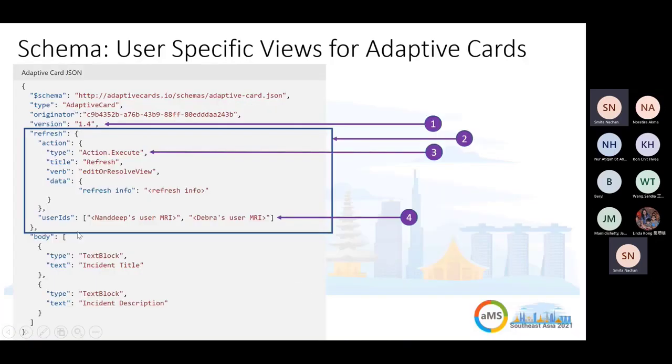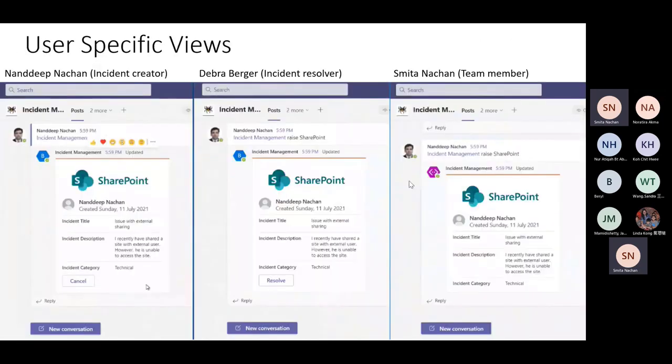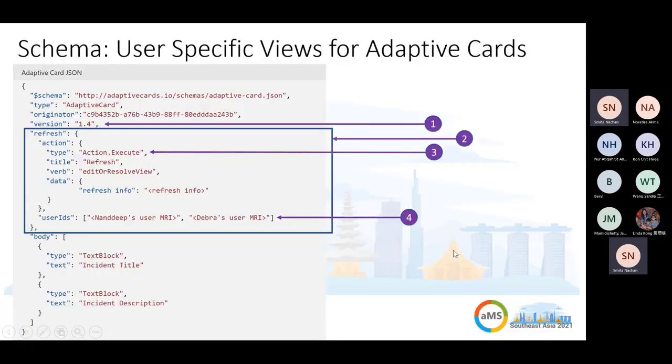So we are only specifying those two user IDs here, so that the adaptive card will get a chance to refresh only for the users specified in this array. Then we will be able to show something like this on our adaptive cards. But for the other users, including other team members, we are not mentioning them. So for them, the adaptive card will not be refreshed, and they will just see the view only mode of this.